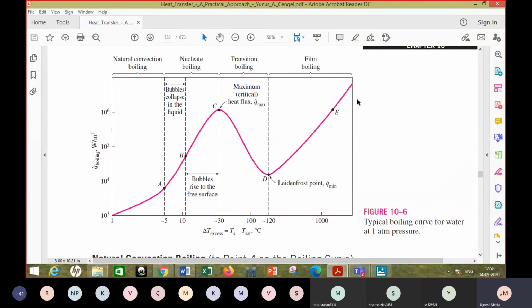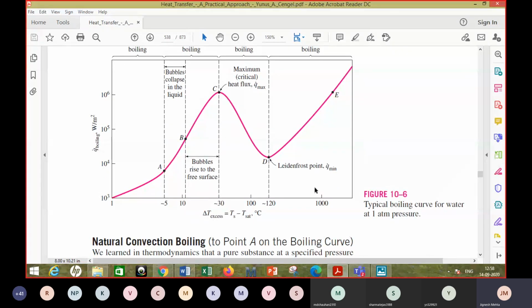This work was pioneered by a scientist called Nukiyama, and the main contribution has come from him. What exactly or how exactly he did the experiment, how this full curve can be plotted, such points will be discussed in the next class.